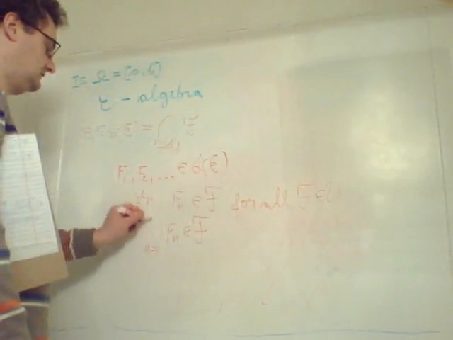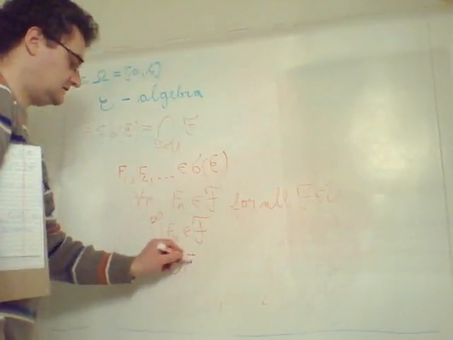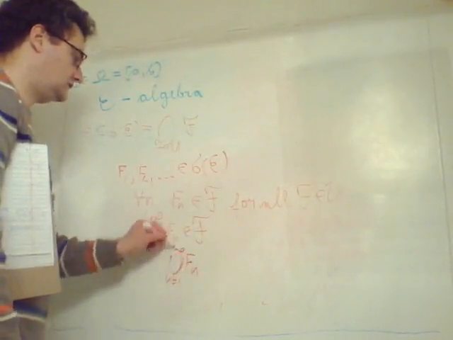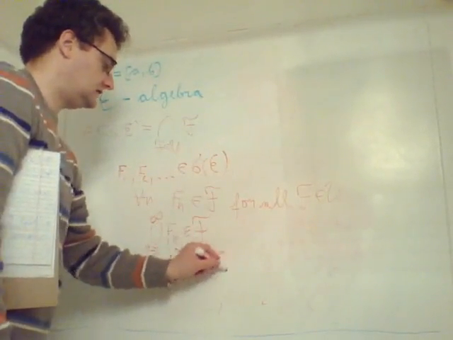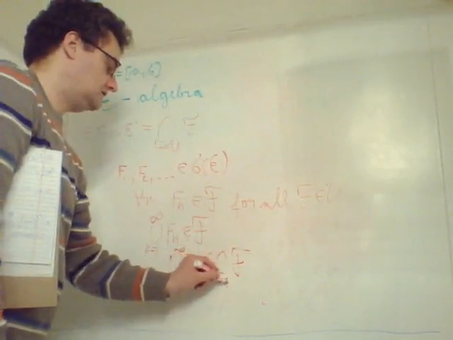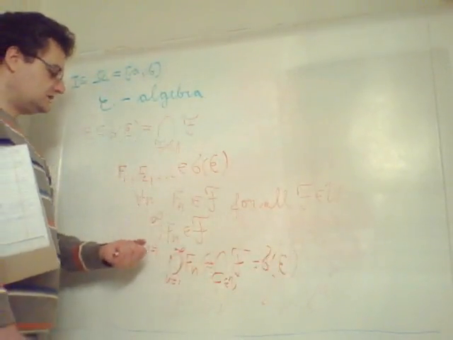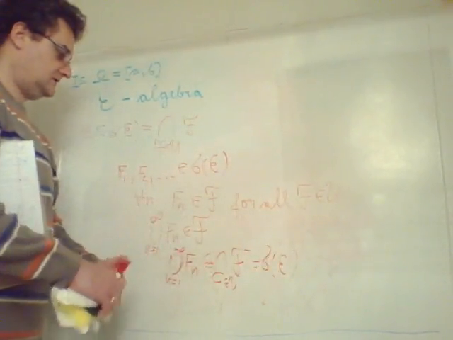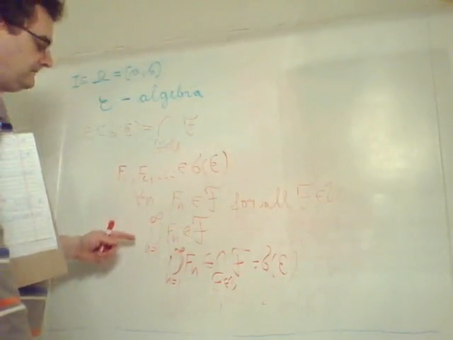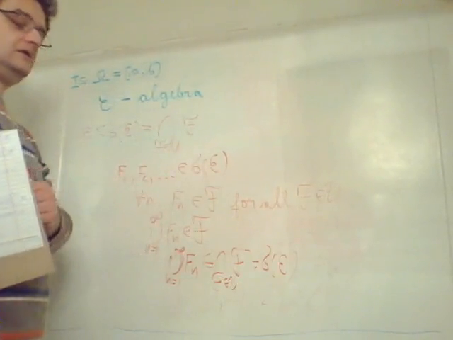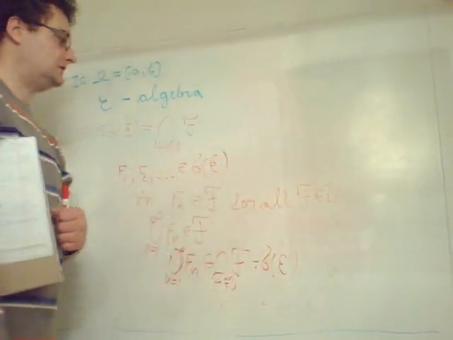So basically, since it's true for all F's, this countable union must belong to the intersection of all F's, which is actually sigma of E. So you see, we used the property of sigma fields F being closed under countable union to show that sigma of E is also closed under countable union.